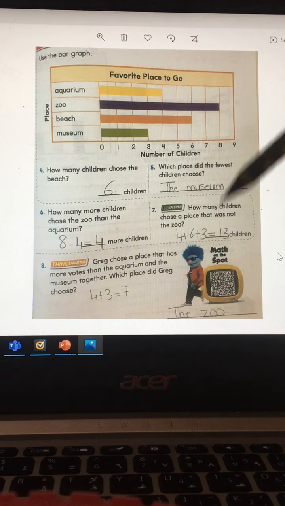So the zoo is the place that Greg chose, or I mean, the zoo has more children that favor it.